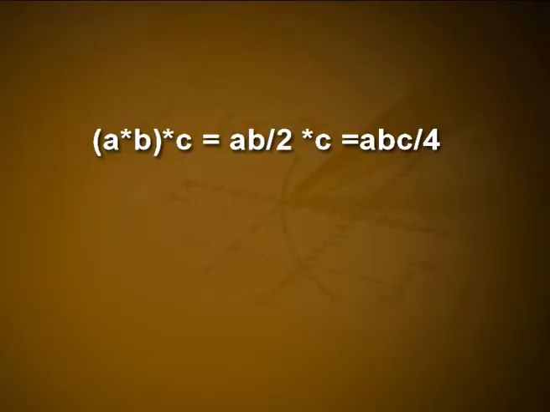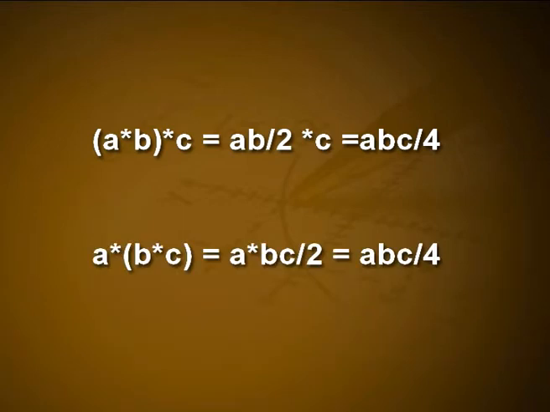Since (a * b) * c = (ab/2) * c = abc/4, and a * (b * c) = a * (bc/2) = abc/4, the operation * is associative.